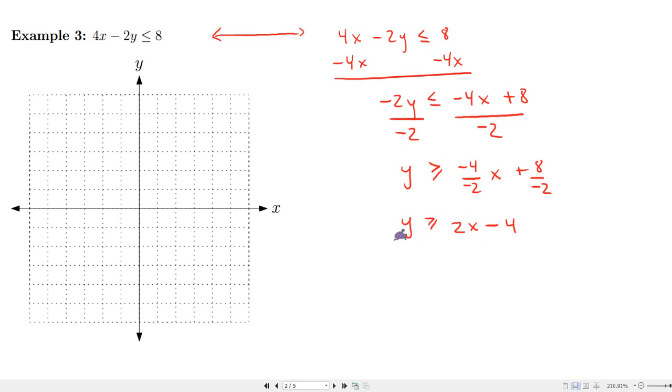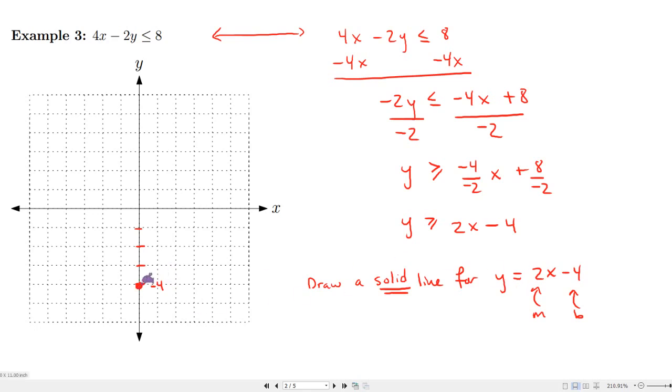Okay, so thinking of the boundary equation, draw a solid line for y equals 2x minus 4, because anything on that line will be included in the solution set. That's why we want to use a solid line. Here the slope is 2 and the intercept b is negative 4. So 2, 3, 4, so negative 4.